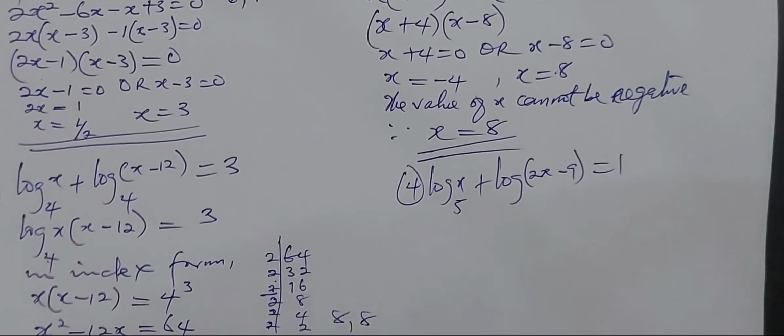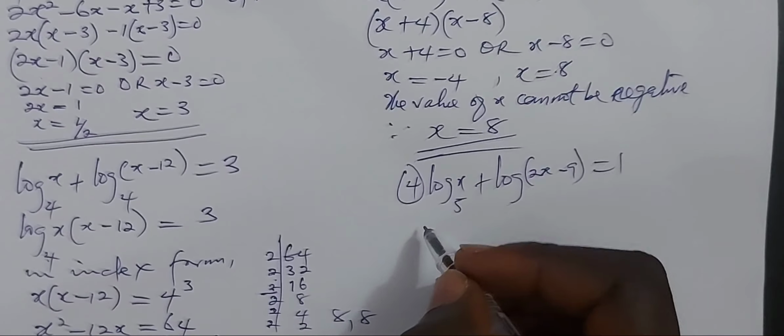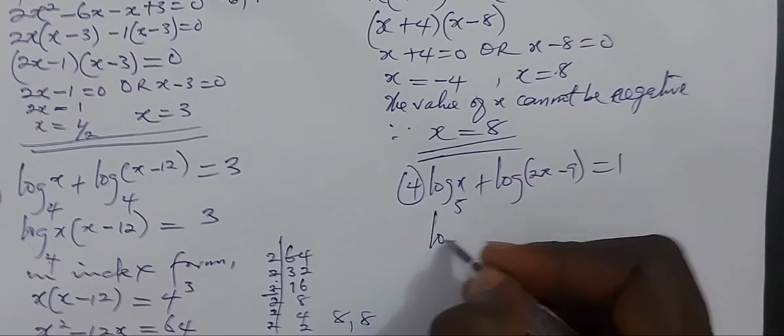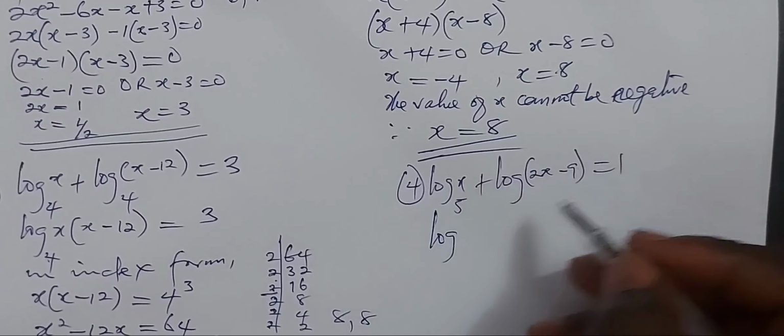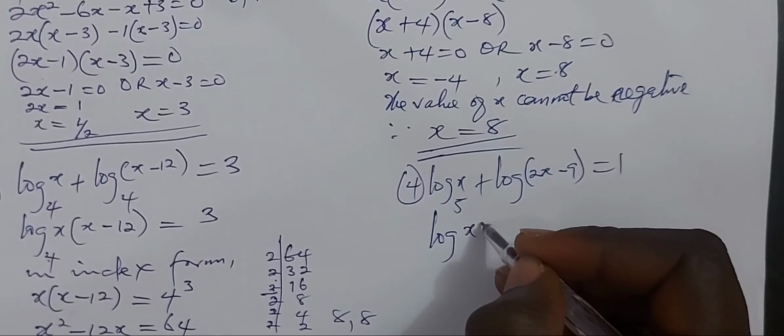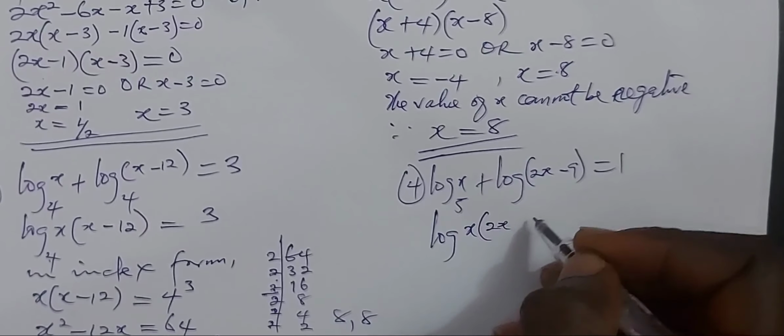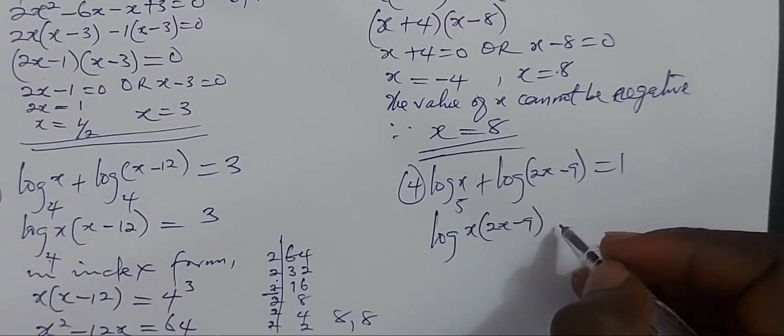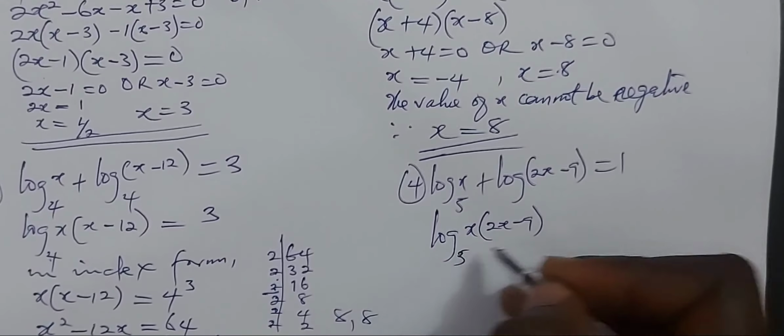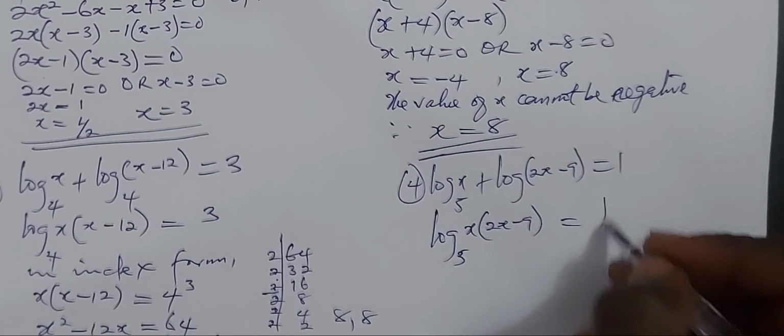So let's solve it using the same style. We have log, the plus is multiplication, x into 2x minus 9 base 5, remember, is equals to 1.